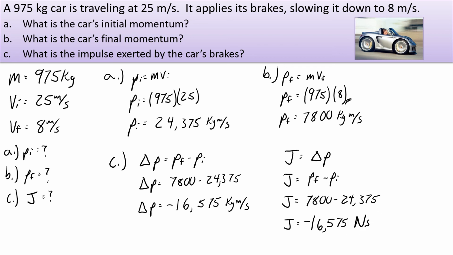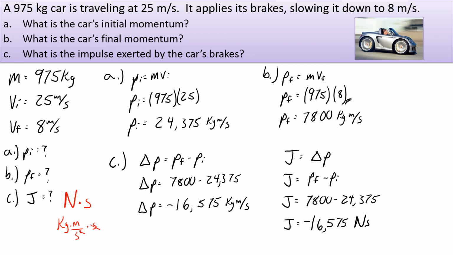Because how did you slow down? With your brakes, you had to exert a force over a period of time, right? And in doing so, you changed your momentum. Okay, so is a Newton times a second really equivalent to a kilogram meters per second? Let's see. You could write a Newton second, Newtons times seconds, and remember a Newton force is equal to MA, F equals MA, so a kilogram times a meter per second squared times seconds.